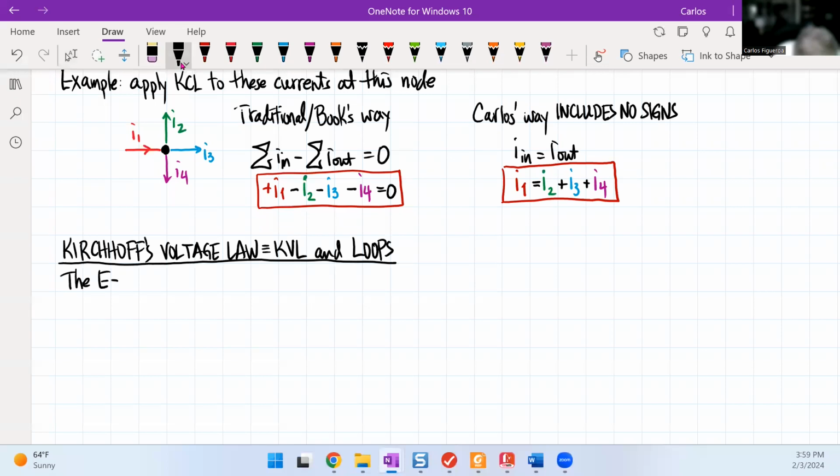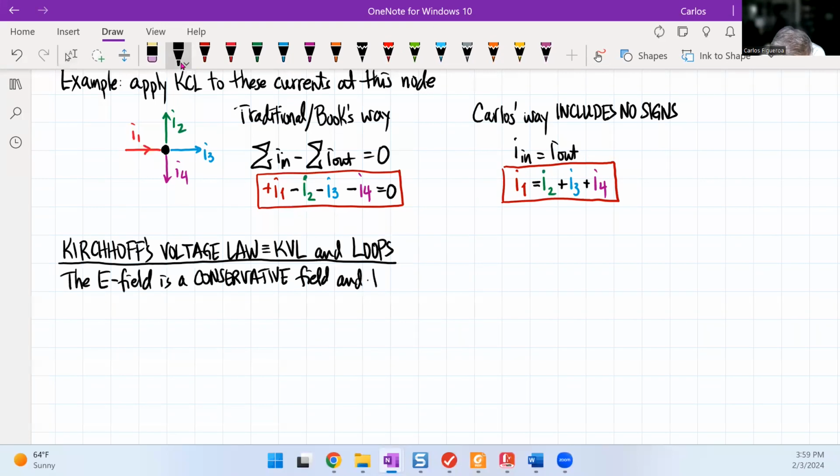The E field is a conservative field or force, if you want to do that.